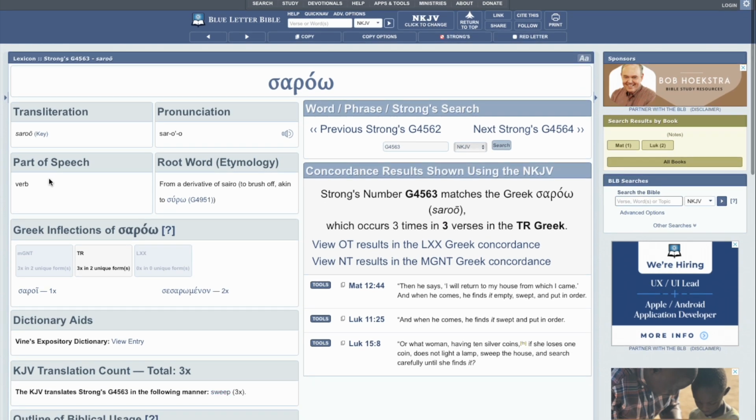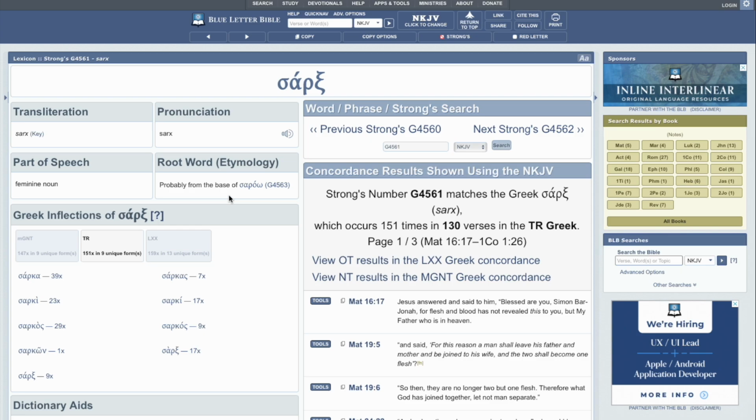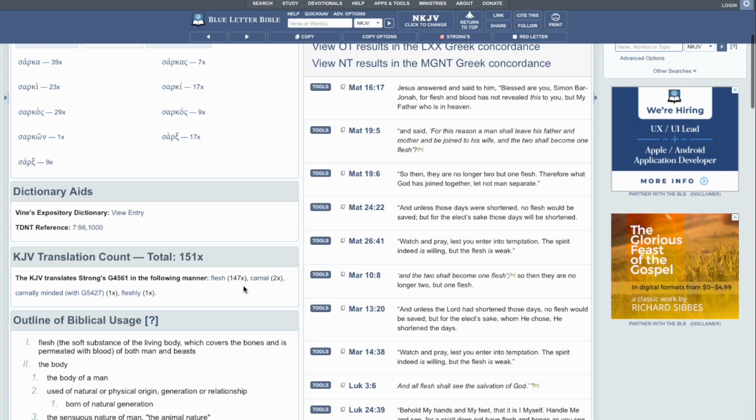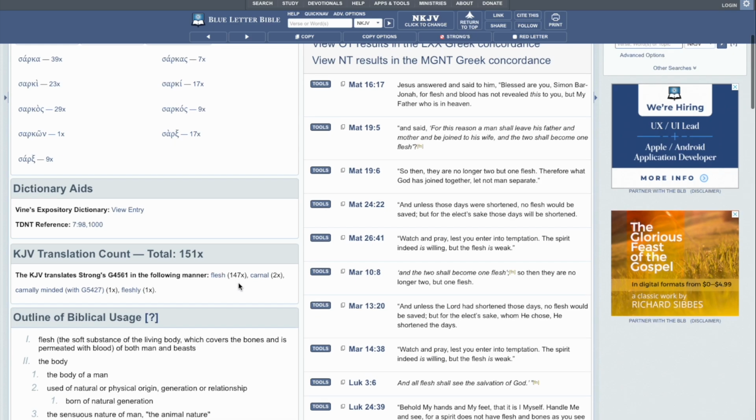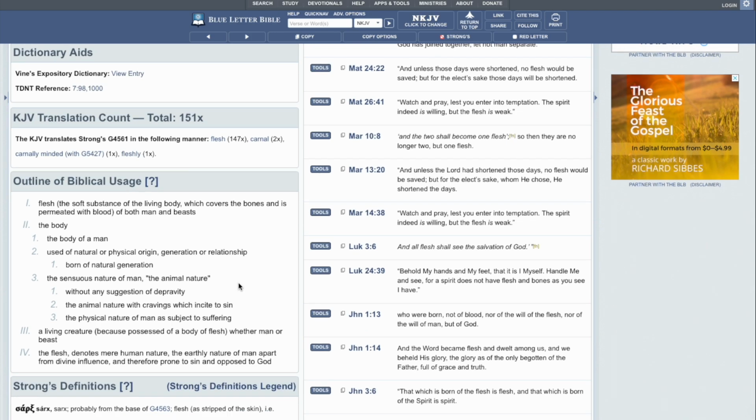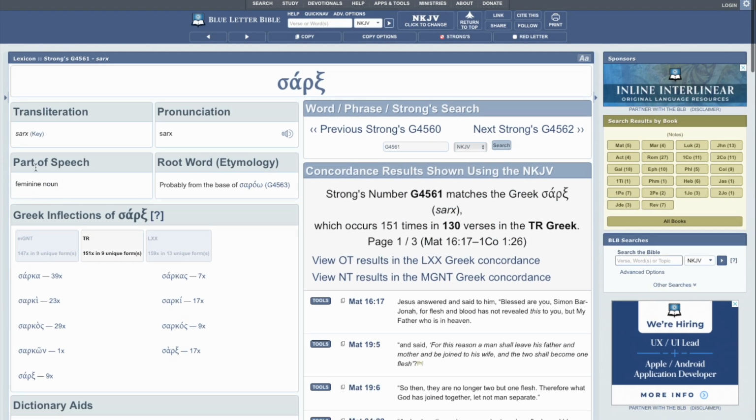So that's a verb. So what on earth would, and I'm kind of doing this on the fly, so I'm learning with you. What would flesh have to do, or carnal, or carnally minded, or fleshly have to do with the word sweep? Well, first of all, notice this is a noun.